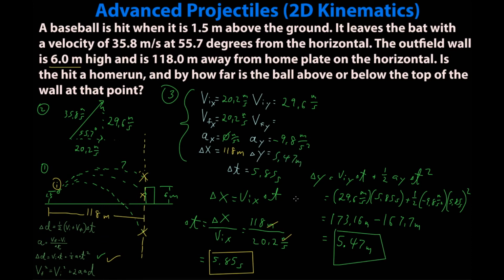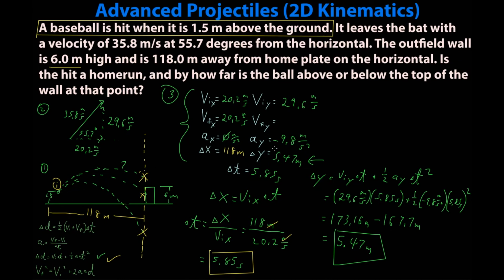Was this a home run? If I look at this right now, it looks like no. However, we need to remember one more thing about the problem. The baseball is hit when it was 1.5 meters above the ground. And this list tells me this information in relation to my initial point, which is 1.5 meters above the ground.